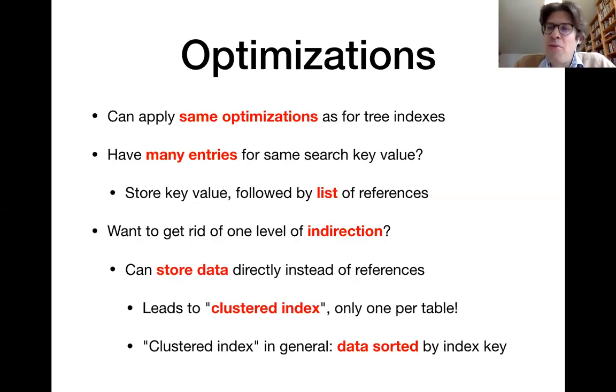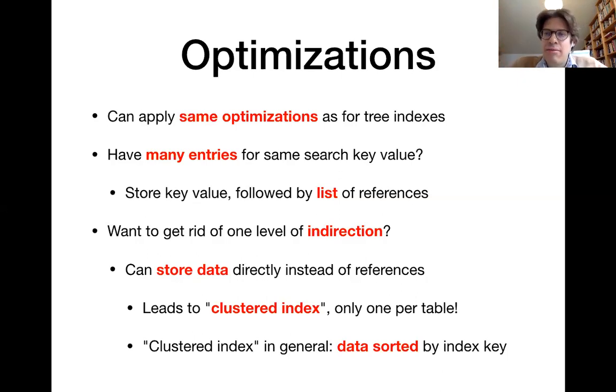Now, this is what we also call a clustered index. As long as you don't want to store duplicates of your data, which you generally avoid, it means that you can only have one of those indexes per table, because that index is essentially merged with the table data, right?